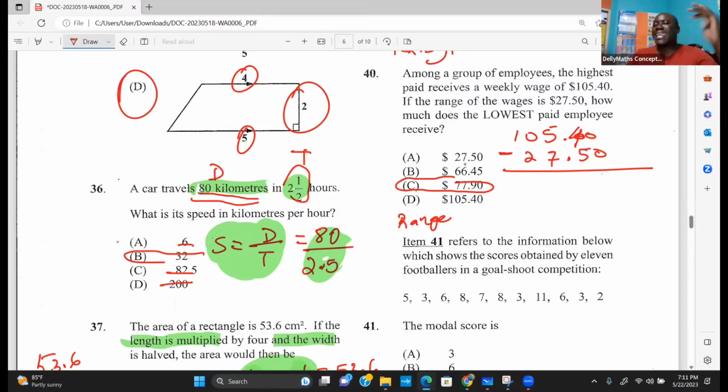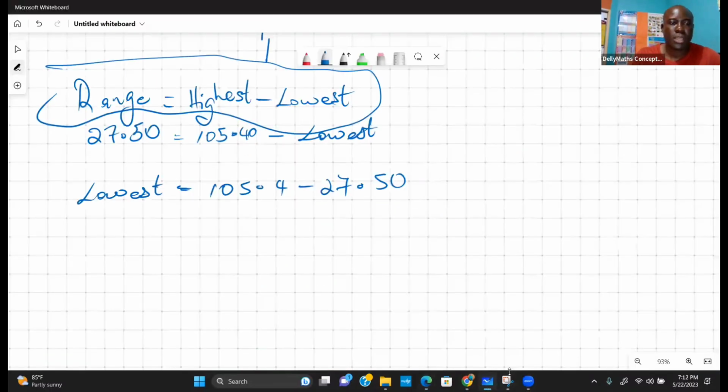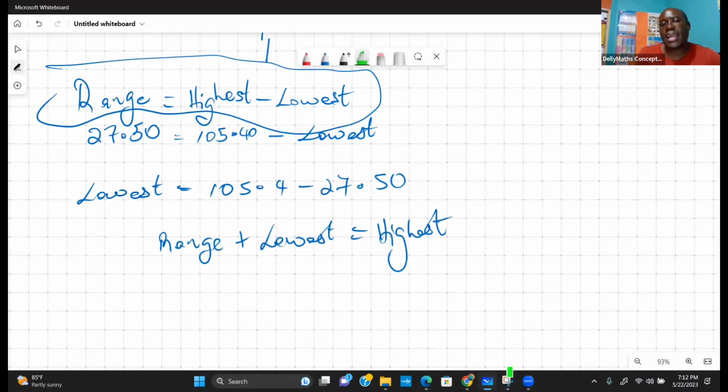And then they can ask you any one of the three. They could have asked for the largest or the smallest. So you could set up the formula and then look at it and balance. You know that range plus lowest gives highest. I'm not swapping, I'm only looking at the idea.